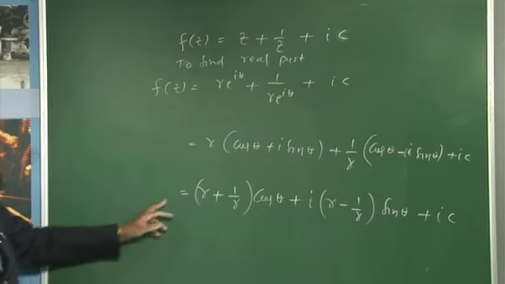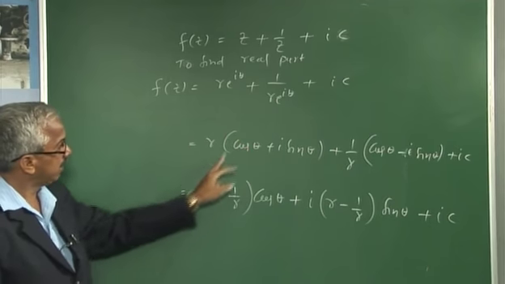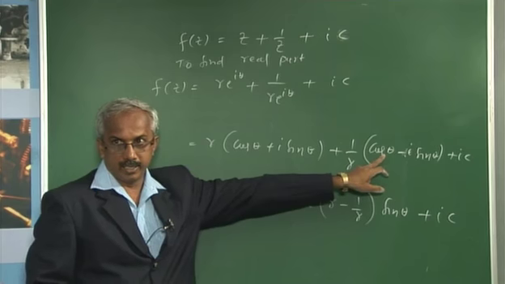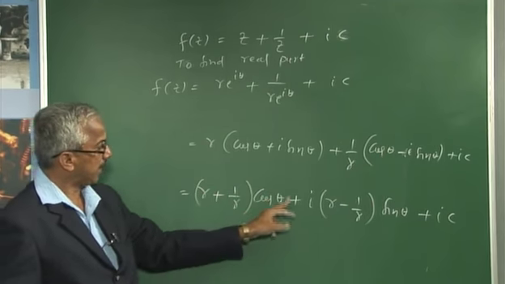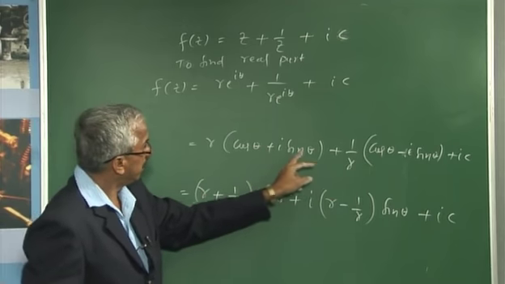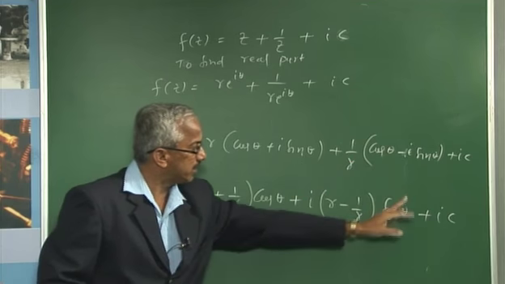Here the coefficient of cos theta is r plus 1/r, and the coefficient of i is r minus 1/r with sin theta.